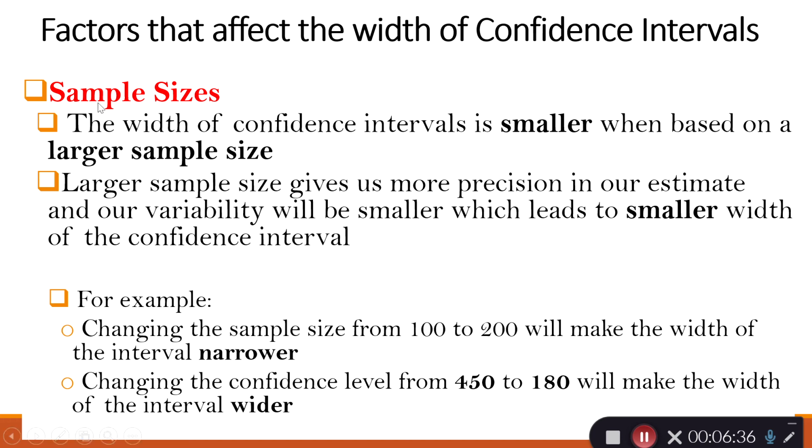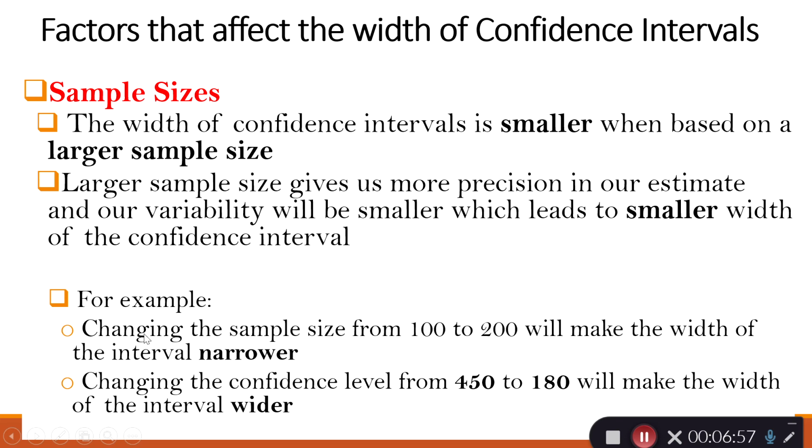This is because a larger sample size gives us more precision about our estimates. So the more information we have, the smaller the standard deviation, because we have better precision, and our variability will be smaller, which leads to a smaller width in our confidence interval.